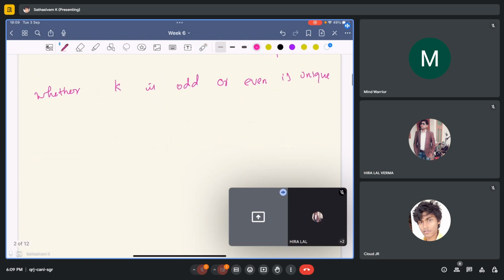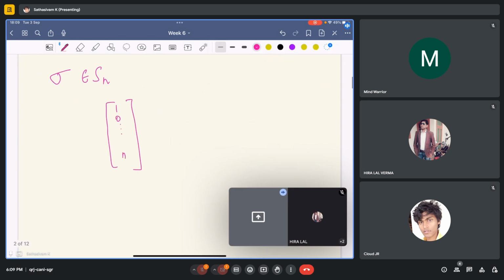So let's start with the element sigma belonging to this symmetric group. Let's consider a vector like this: 1, 0, 0. This is an n-vector. The size is n, but the first entry is 1 and the rest everything is 0.